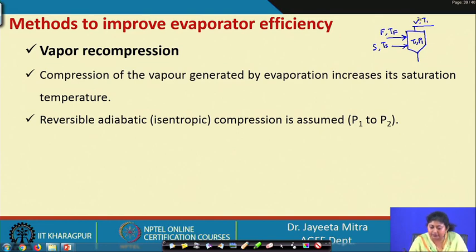Now, if the vapor is being compressed, that means we are increasing the pressure from P1 to P2. So, this is a kind of reversible adiabatic compression. Okay. So, reversible, there is no change in the entropy, and again adiabatic. So, entropy is constant in this case. So, isentropic compression is assumed.